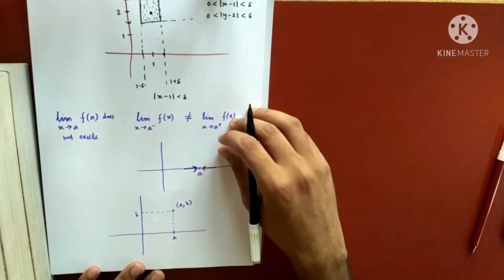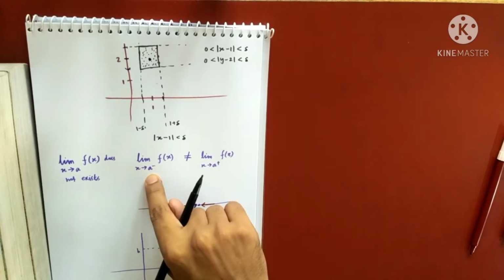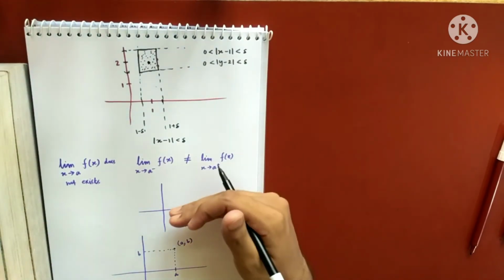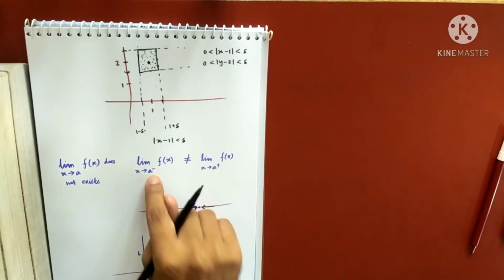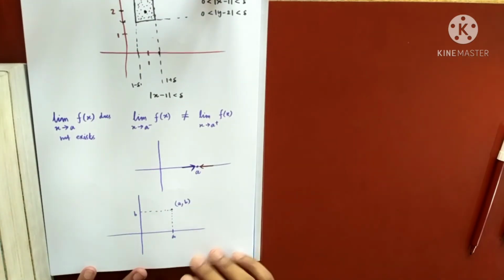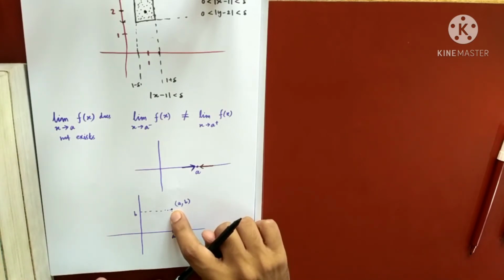You see here, there were only two ways of going to A, either from the left or from the right, because I cannot go beyond this line. I have to always be on this line. So I can either approach A from the left hand side or from the right hand side. But here you have many ways of approaching this point (a, b).